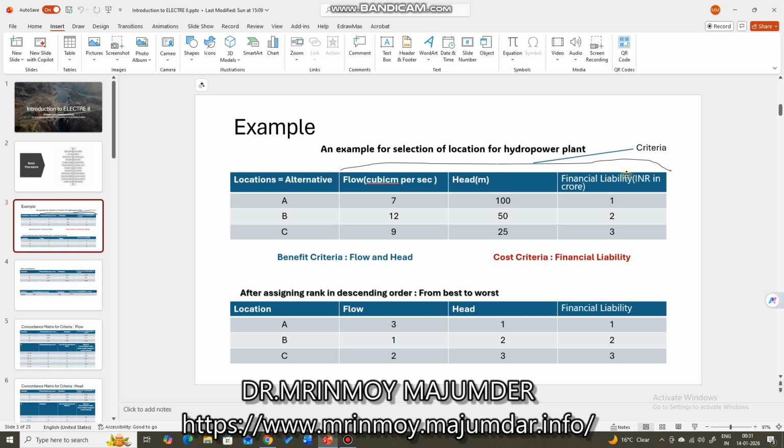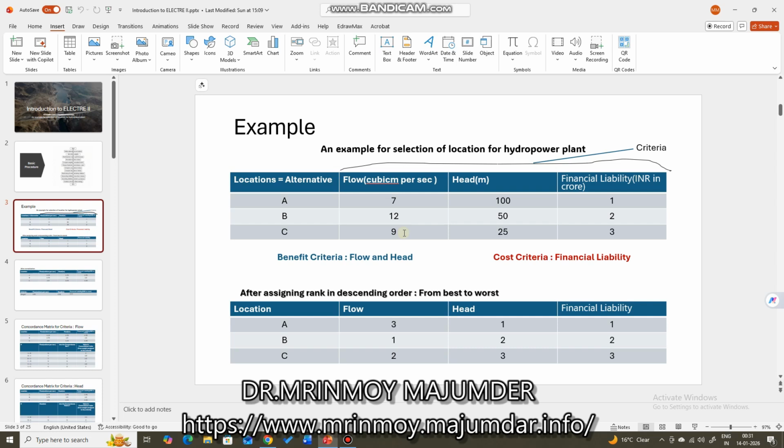So accordingly, in case of flow, the beneficiary criteria, the highest flow can be observed in location B and the lowest flow in location A. And the medium flow, in between these two, is location C, which has 9 cubic meters per second.